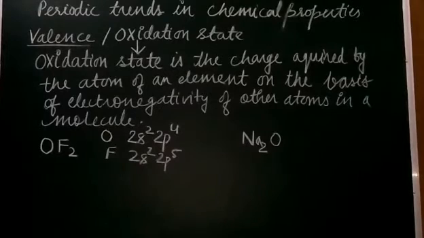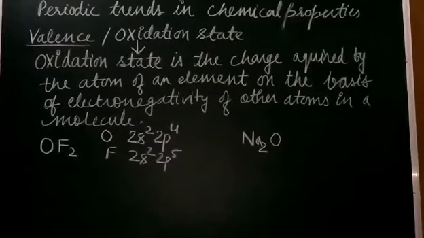So in the formation of OF2 molecule, each of the two fluorine atoms shares one electron with the oxygen atom, and the oxygen atom shares 2 electrons with the fluorine atoms, right? So again I'm saying that 2 fluorine atoms are going to share 1 electron with the oxygen atom, and the oxygen atom shares 2 electrons with the fluorine atoms.